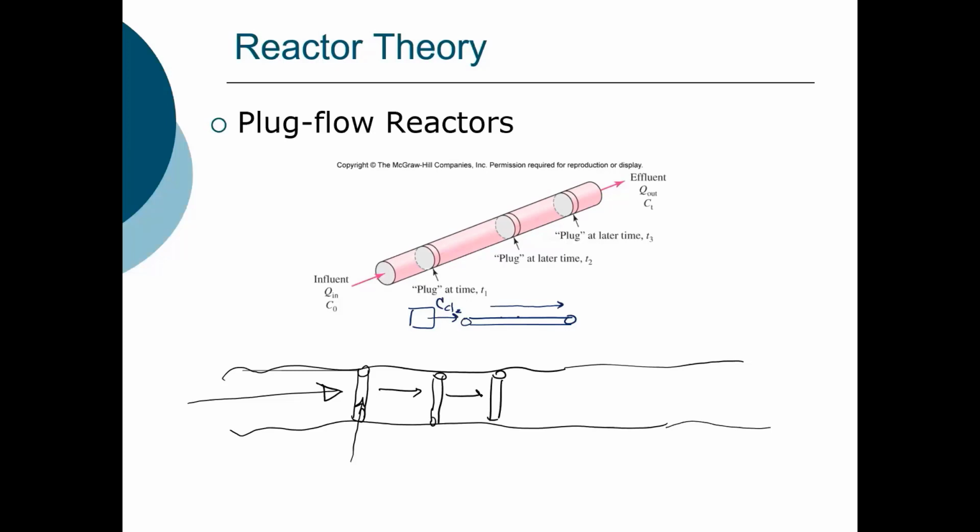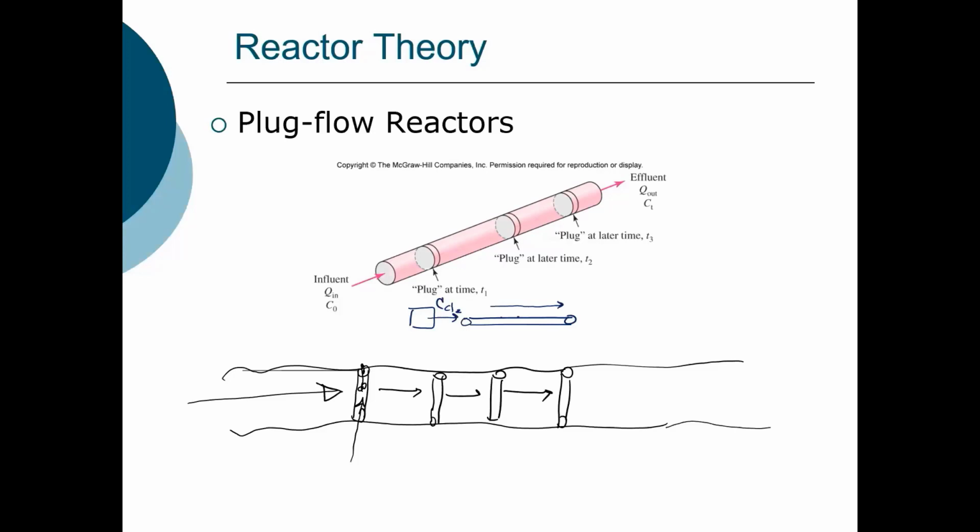Now, in reality, we would have dispersion, but assuming no dispersion, this parcel is just moving down. So while we have complete mixing within this parcel, the flow in that parcel is actually moving downstream in a plug flow manner.